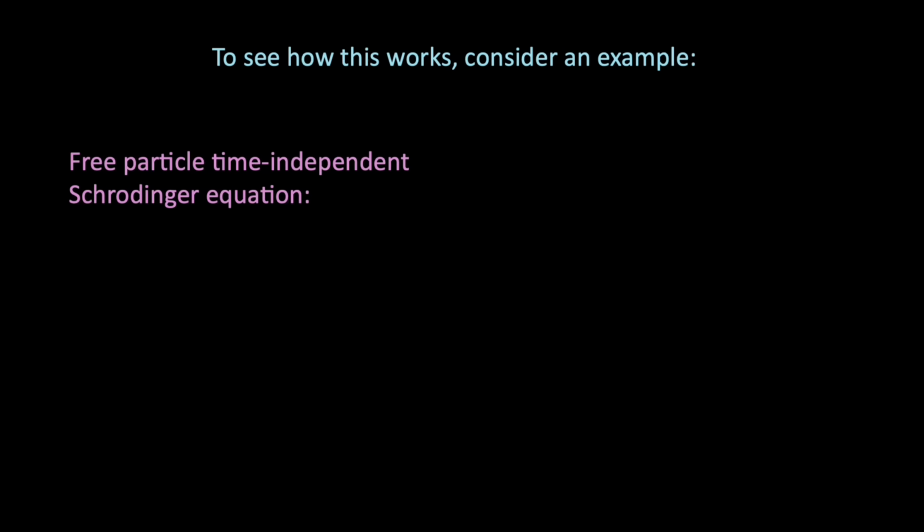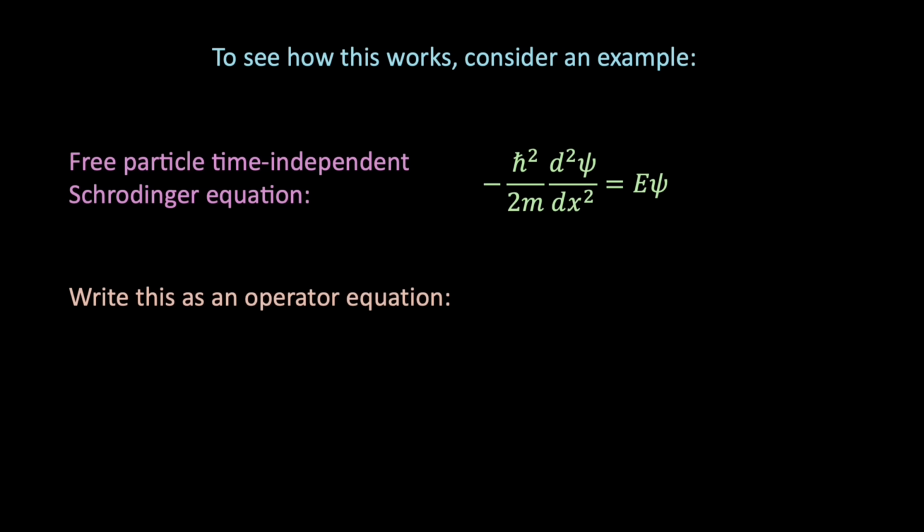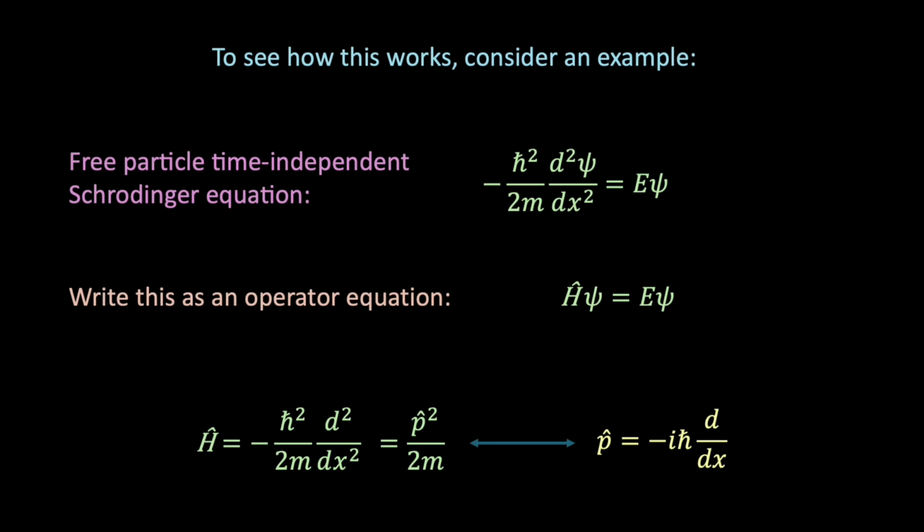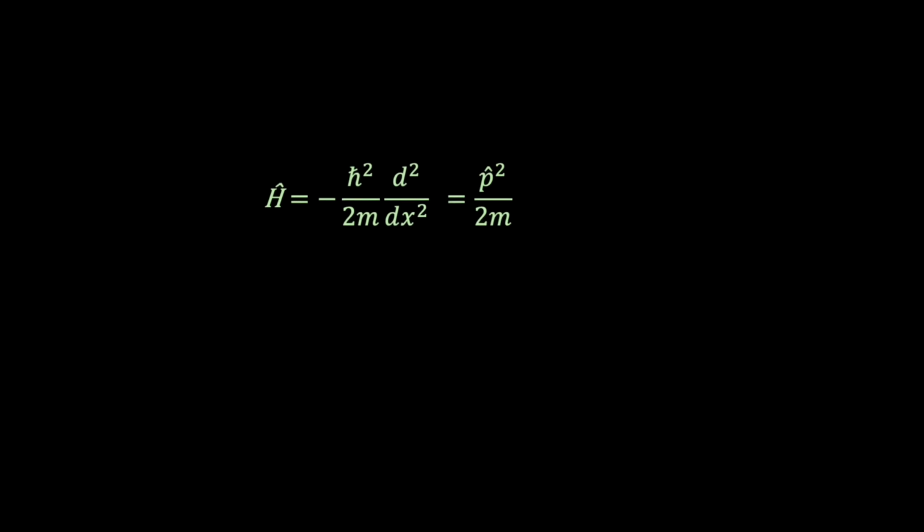To see how this all works, let's consider a simple example using the free particle time-independent Schrödinger equation, which, if you recall, takes the following simple form. We can write this as an operator equation of the form H psi equals E psi, where H is the Hamiltonian operator, which we can express in terms of the momentum operator in the following way.